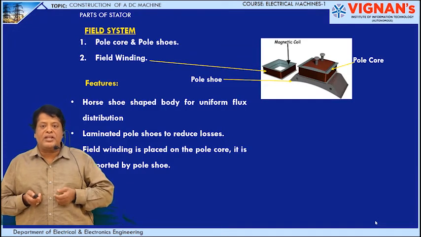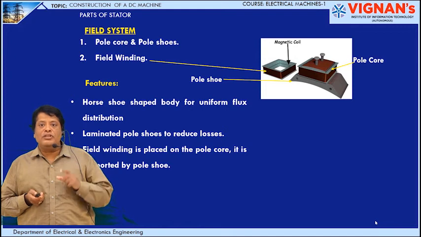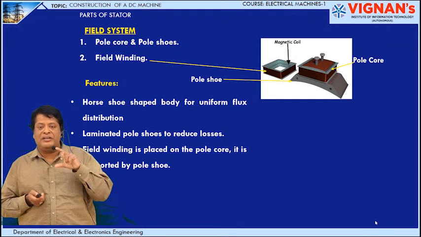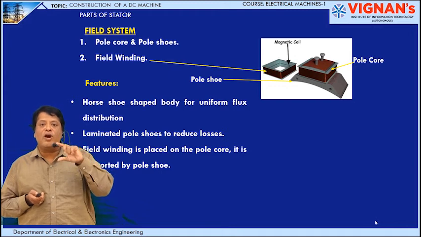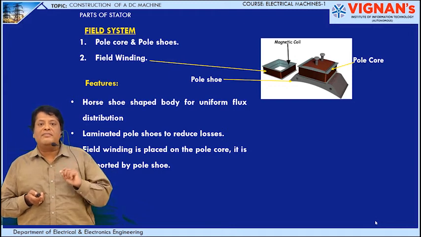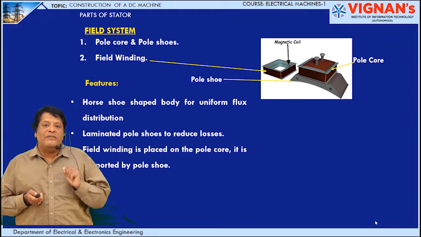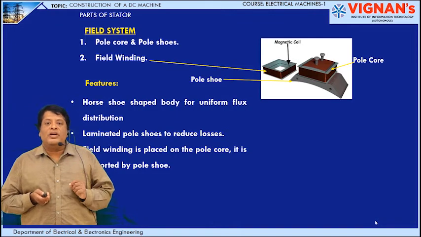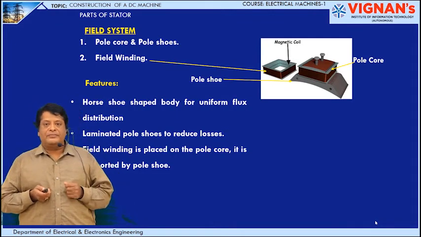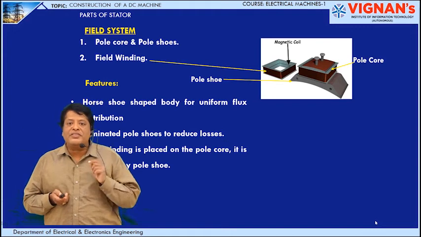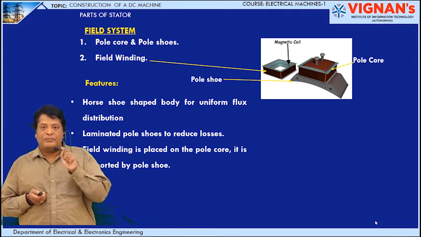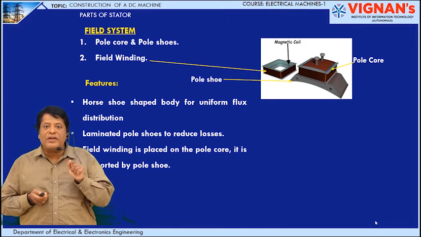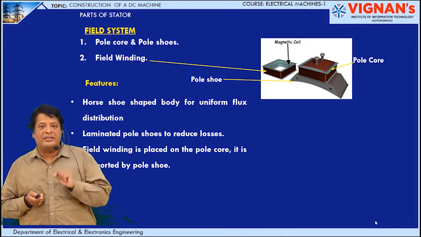The pole is in a vertical position in the machine, so the field winding does not fall on the rotor. The pole core gives mechanical support to the field winding. First thing. Next, if you see the shape of the pole shoe, it is curved. Why are we giving a curved shape rather than a rectangular one?